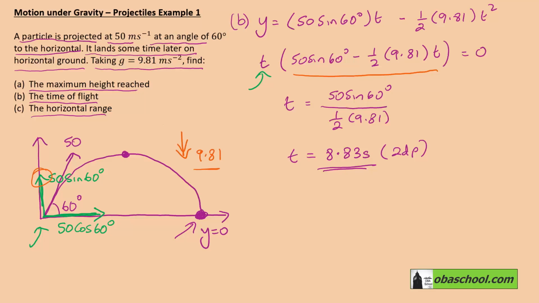Now part C actually follows on from that, because what we're after now is the distance travelled until it hits the ground. Now clearly the only acceleration is the vertical acceleration. So if we think of the horizontal displacement as x, that's just going to be x equals ut, with of course the u being this component.